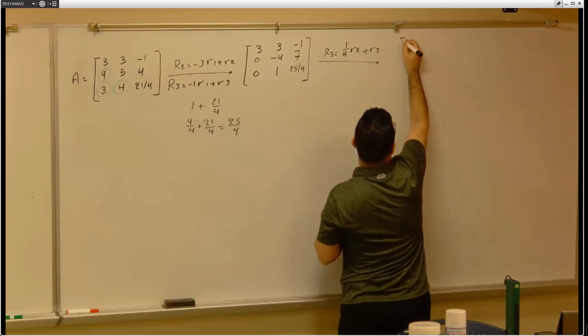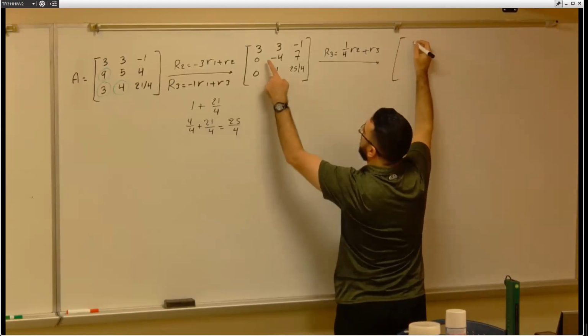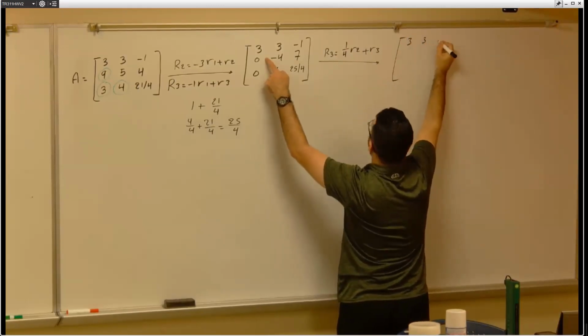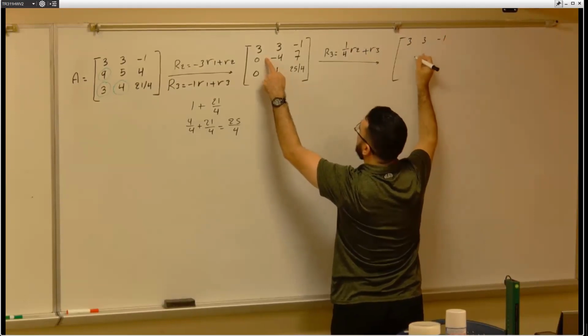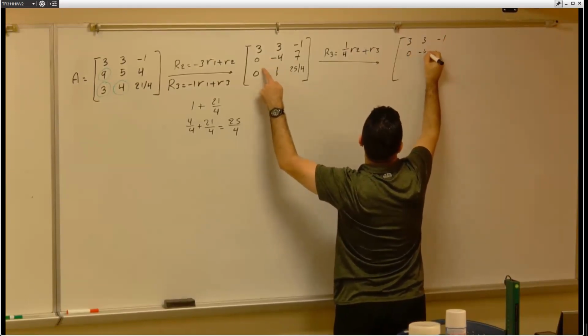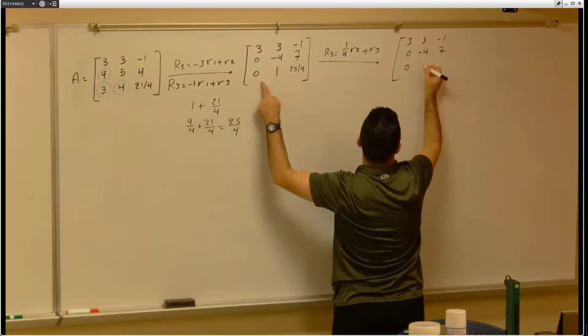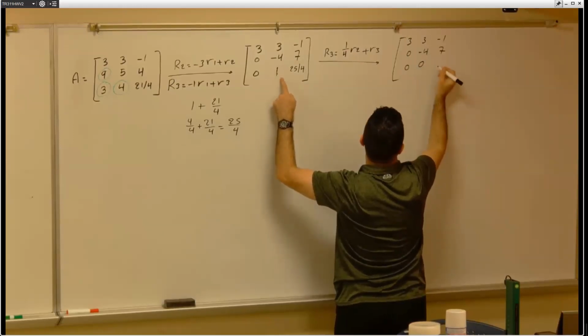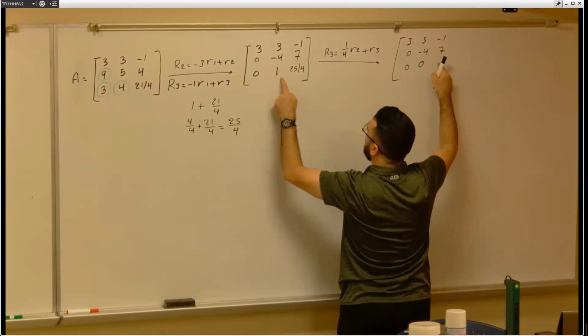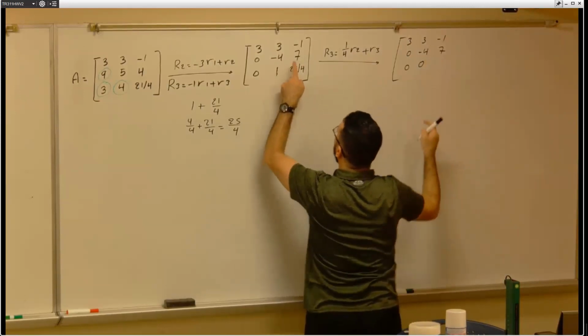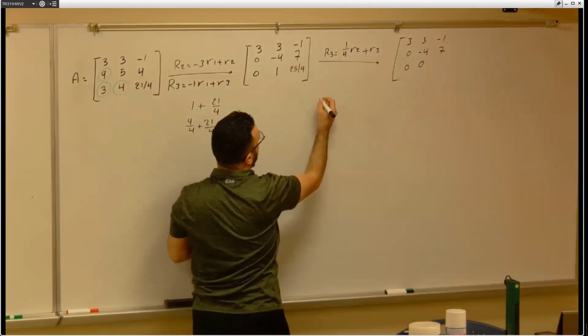That's 3, -1, and 0; 0, -4, and 7; and this one is 0, this one is 0. The third one, I multiply 7 by 1 over 4.